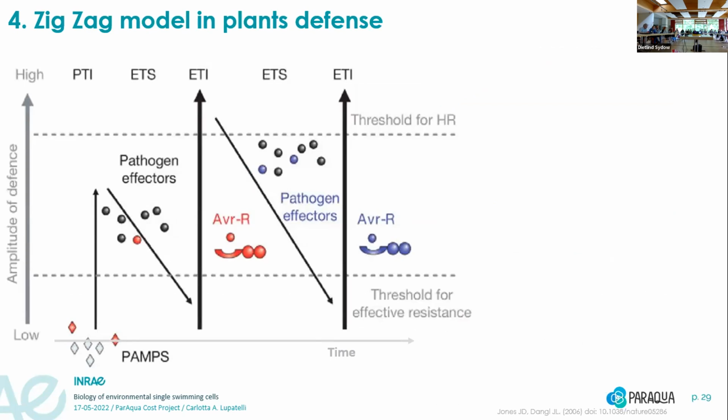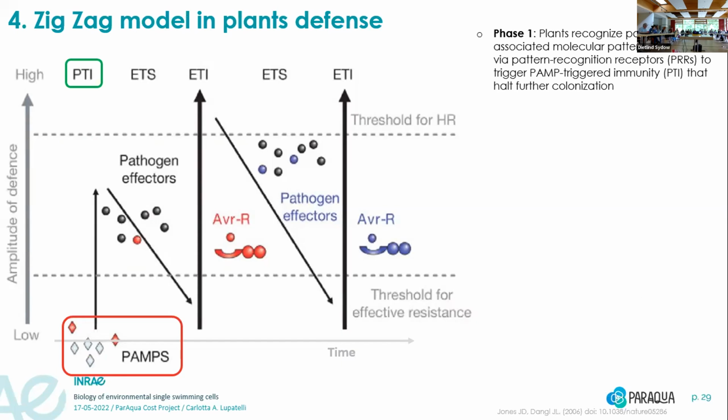So, in this zigzag model, which has been proposed by Jones and Dangl in 2006, we have basically four different phases. The first phase, where the plants are able to recognize PAMPs, which are also called pathogen-associated molecular patterns, by particular receptors. The recognition of the PAMPs in the plant will result in PAMP-triggered immunity. Immunity that the plant uses to halt the further colonization of the pathogen.